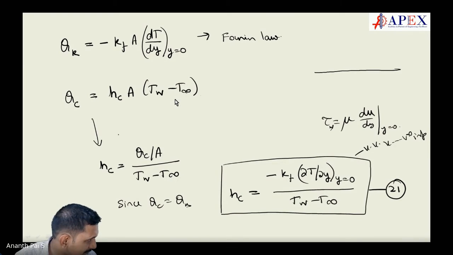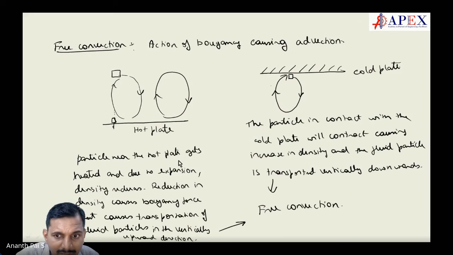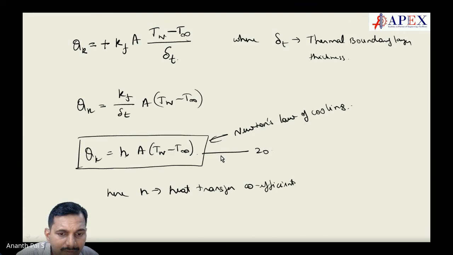Remember? It is hc into A into (Tw minus T). hc we have got as k by delta. You remember we said k by delta for hc? kf by delta, k of the fluid by delta, will give us h. This is Newton's law of cooling.